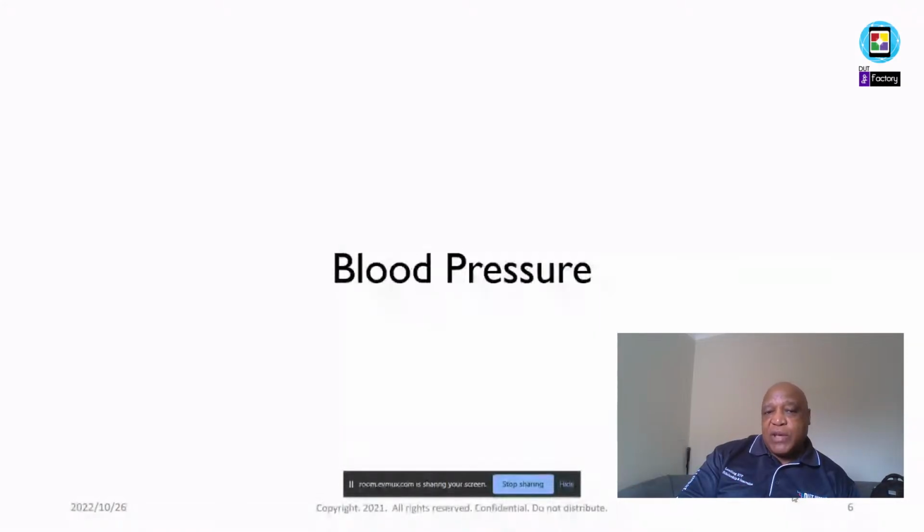But then you can use other conventional means, like wearing a blood pressure cuff and using the old method of pumping air, tightening it, and you have to be trained as a nurse or a doctor to do that. But there's another method that's a little bit established. But with the wearable devices, as far as measuring blood pressure, I guess the accuracy is going to get better over time.